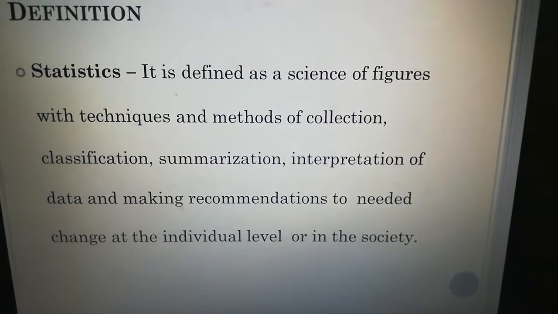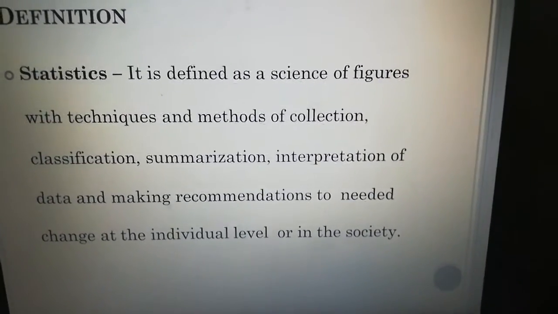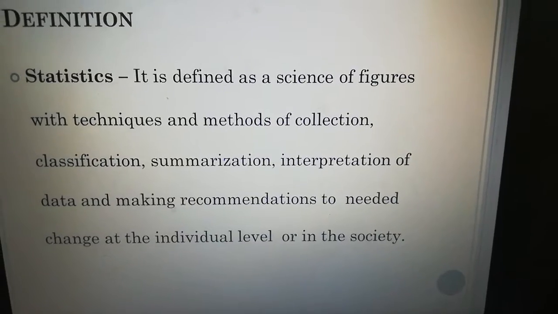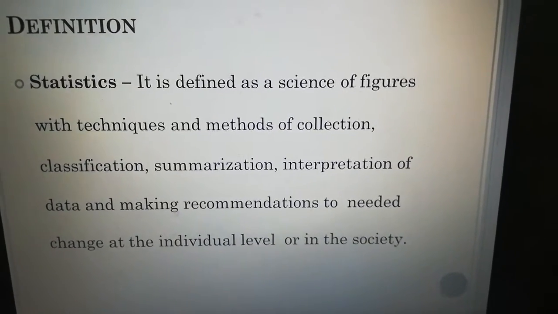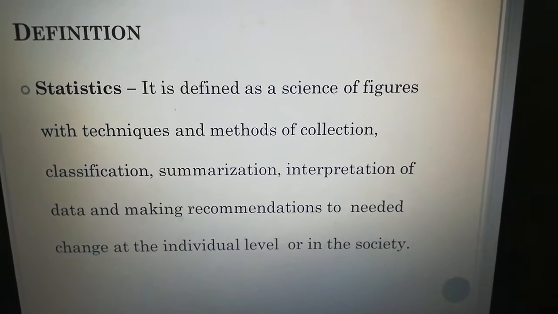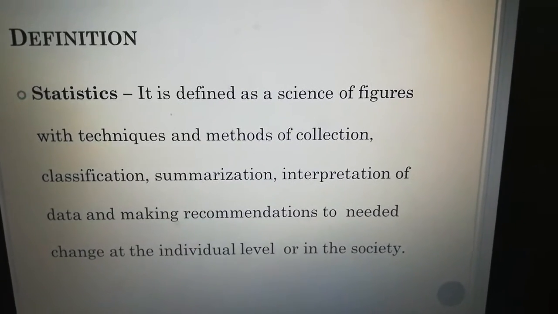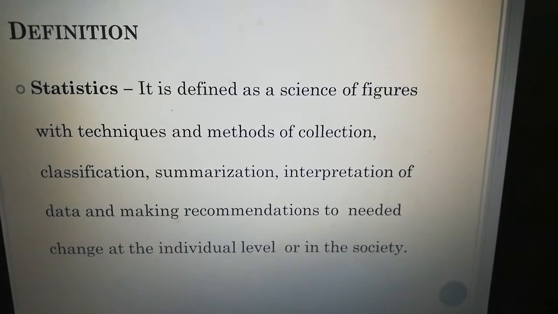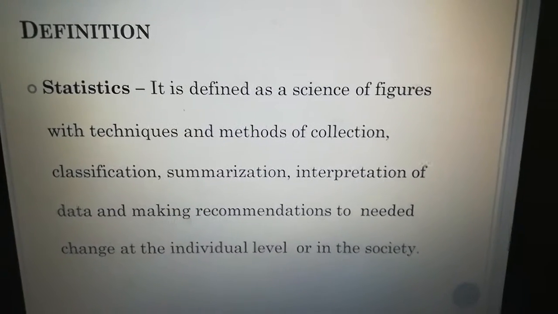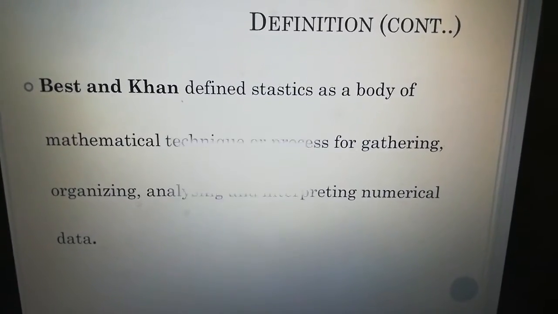It's nothing else, a fact and figure which is collected by a method. After its collection, it is classified, summarized, and interpreted for making various changes.